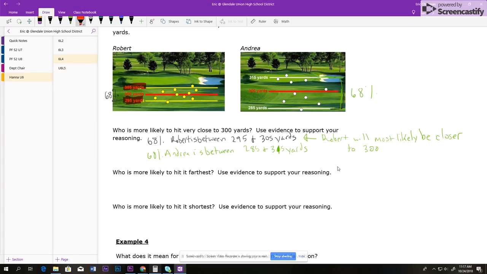That's not very far. But Andrea can hit 315 yards. So who has a chance of hitting further? If you look at the results, it is Andrea, because she has a larger standard deviation.